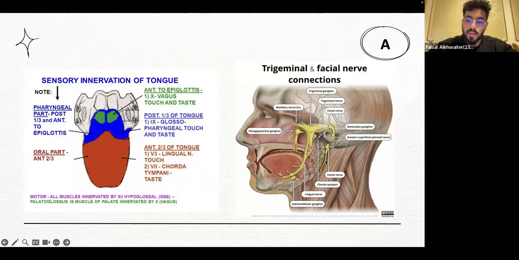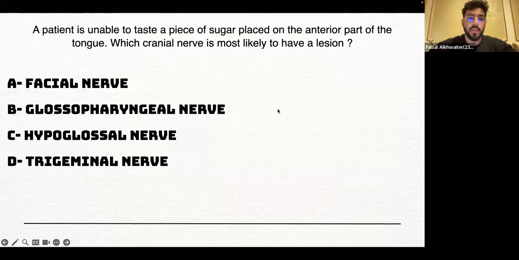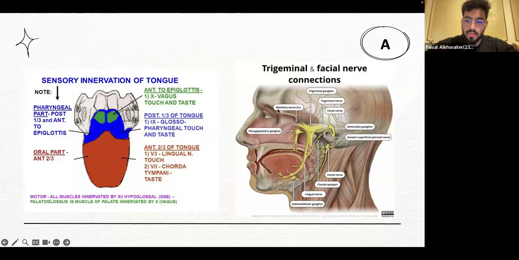So this nerve innervates the anterior parts of the tongue, the anterior two-thirds. And the posterior one-third is innervated by the glossopharyngeal nerve, which is the ninth nerve, for taste. The trigeminal, as you said, is not for taste, it's for the general touch.